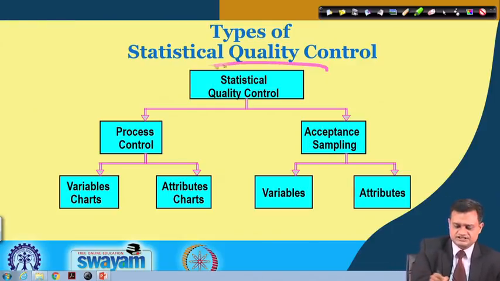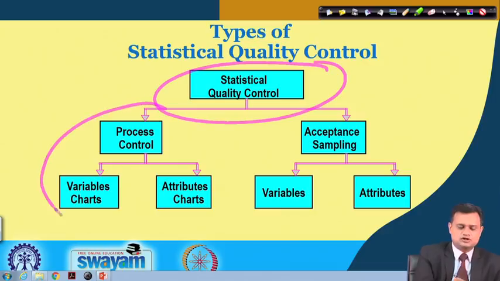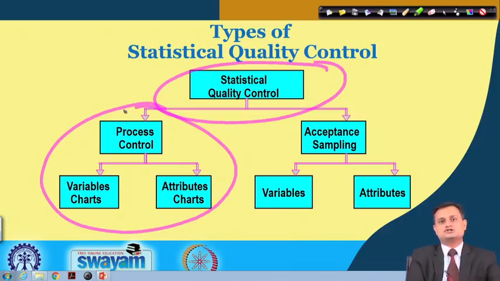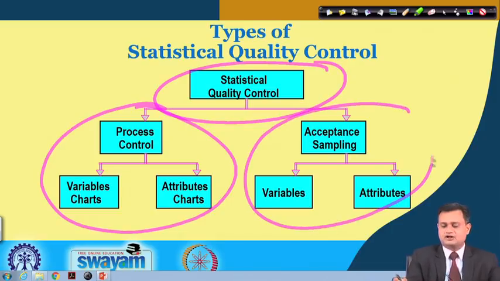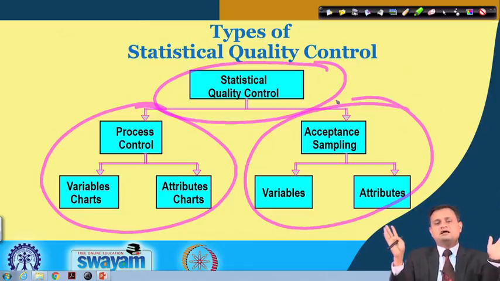So when I say statistical quality control, we have seen the statistical process control, variable charts and control charts for attributes, and now we are discussing the second pillar of this, that is acceptance sampling for variables and acceptance sampling for attributes. So the structure is very simple: you have statistical quality control, process control, acceptance sampling.